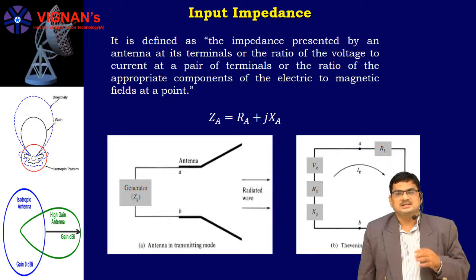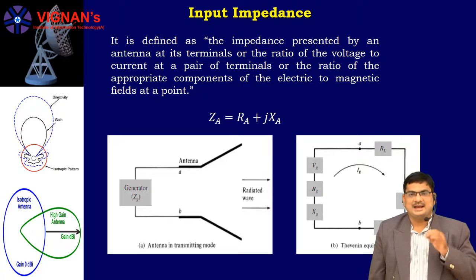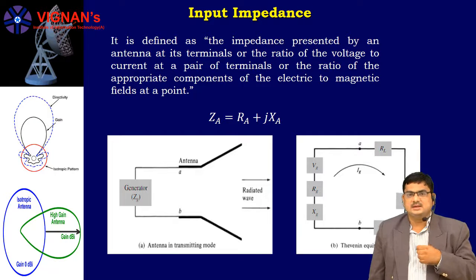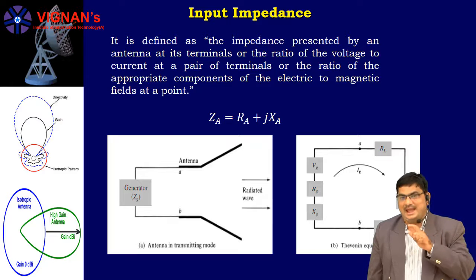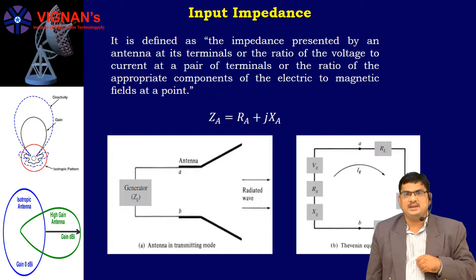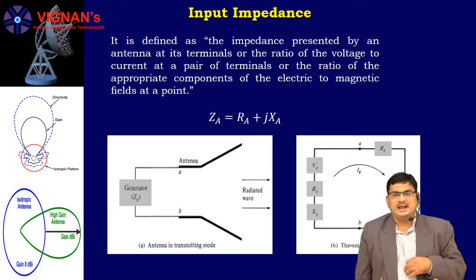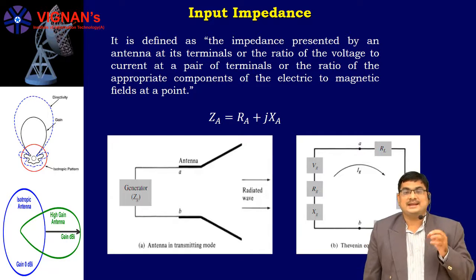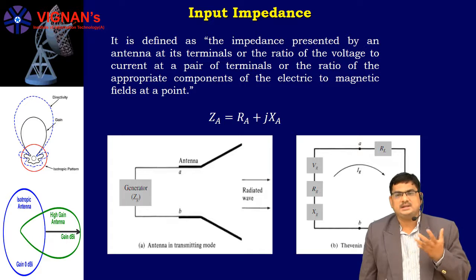That is ZA equals RA plus jXA, where ZA is the input impedance of the antenna at points A and B, RA is the radiation resistance of the antenna at points A and B, and XA is the reactance of the antenna at points A and B. Why the reactance?